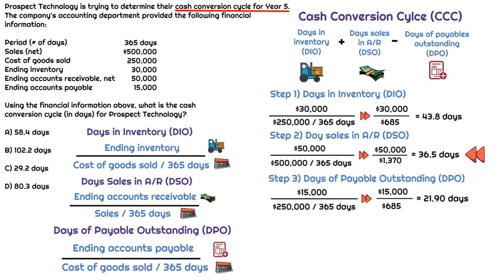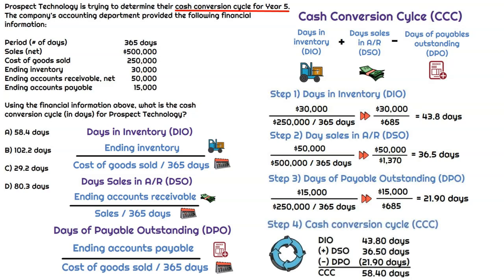Now for days sales in AR, it takes us about 36.5 days to collect the cash from customers who initially pay on credit, from the invoice date. And then for days of payable outstanding, that 21.9 days, that means the company waits approximately 21.9 days from when they receive the invoice to when they actually make payment to the supplier or vendor on that invoice.